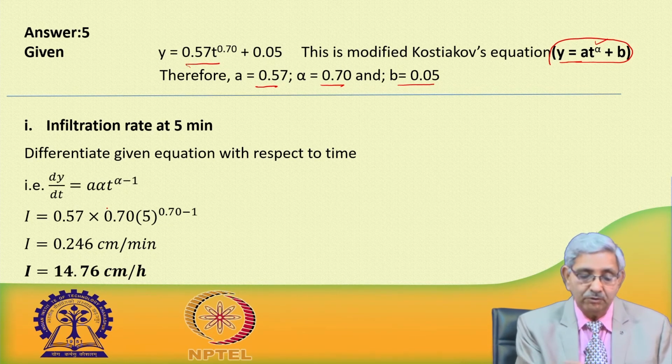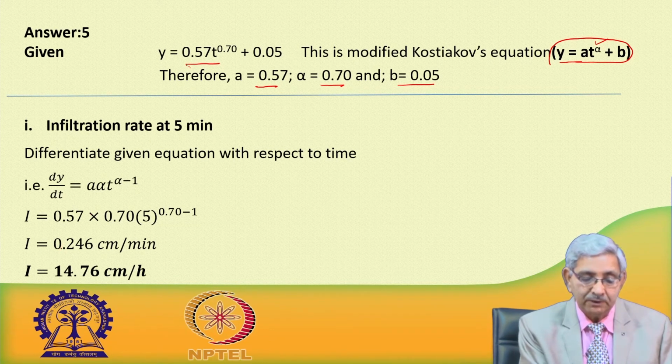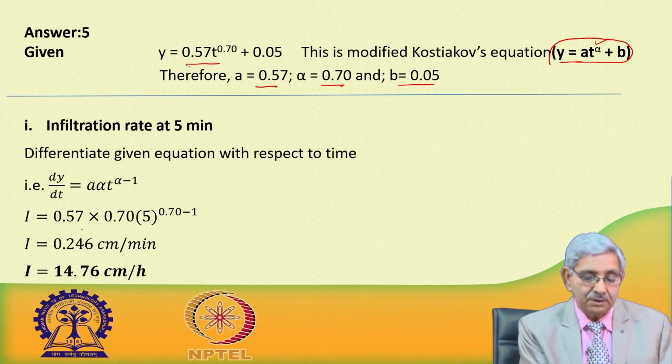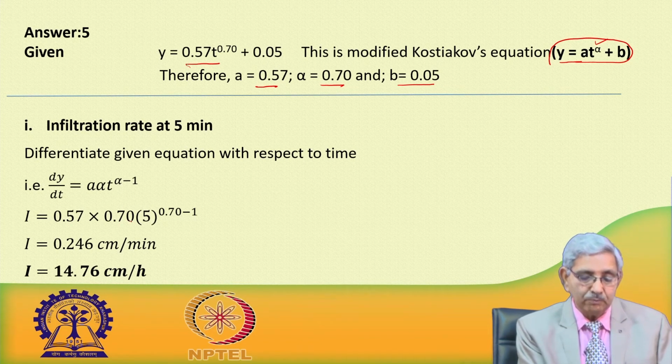If we are taking the rate of infiltration, we have to obtain the first derivative of this equation. The first derivative, dy by dt, which we can write as the infiltration rate, equals a into alpha t to the power alpha minus 1. So, a is 0.57, alpha is 0.7, t is 5 minute, and alpha minus 1 is 0.7 minus 1.